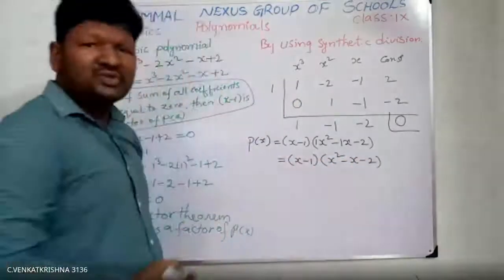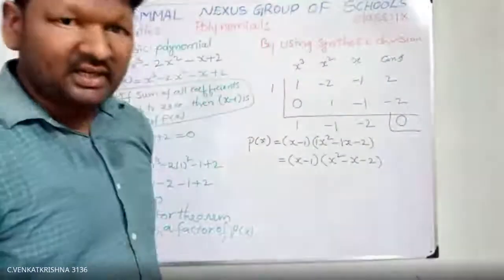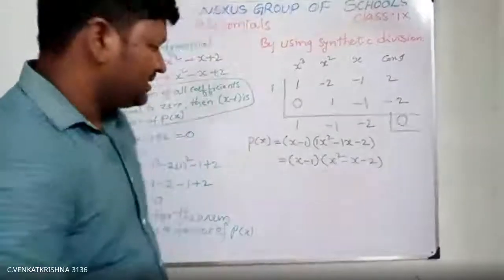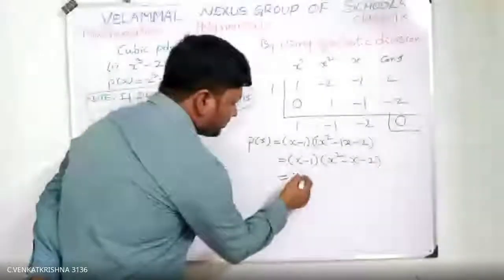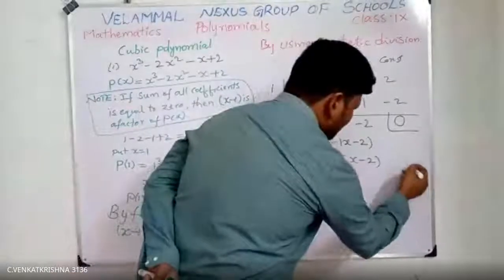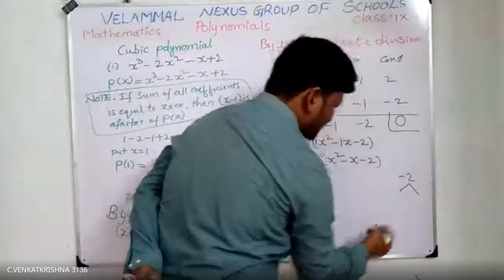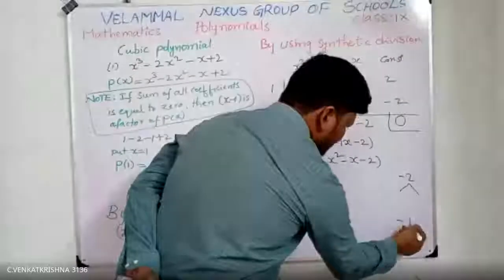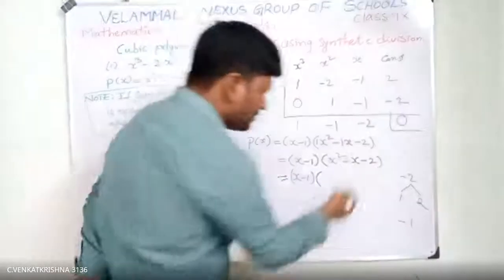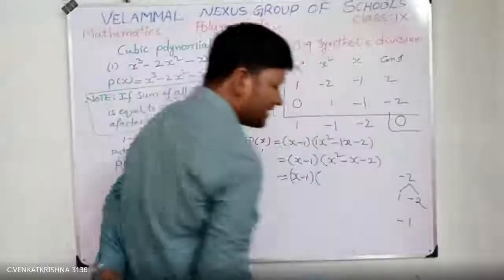Now by using the middle term splitting method, we can factorize this. So x minus 1 into, here the product is -2 and the sum is -1. So 1 2s are 2. So -1, the greater number we keep the minus.